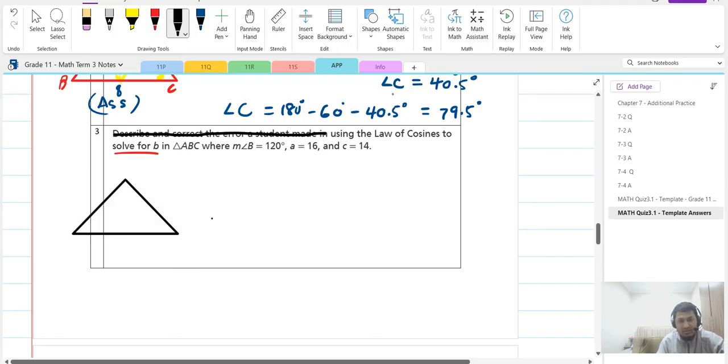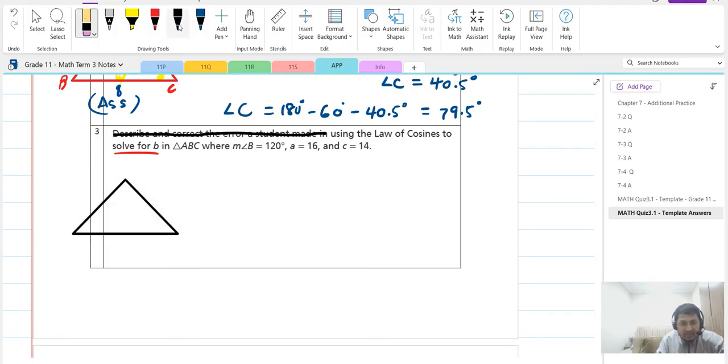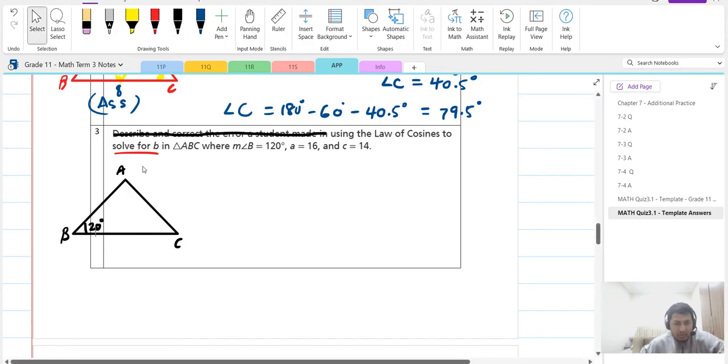But let's see what we have. Triangle ABC. Now in triangle ABC we have angle B, which is 120. The diagram is not drawn to scale, so that's 120. Actually, we can change this diagram a bit. How can I make this 120?